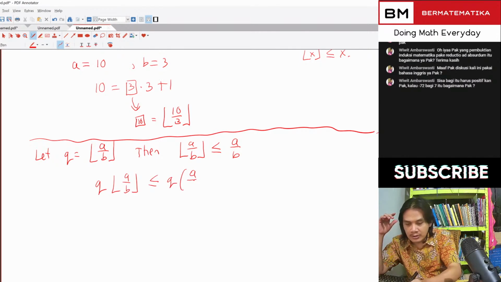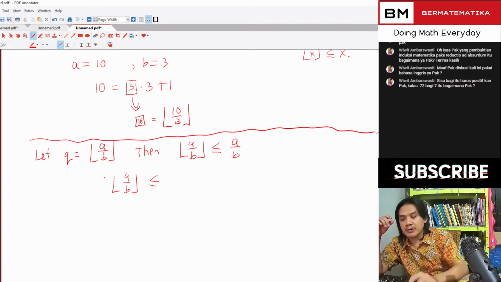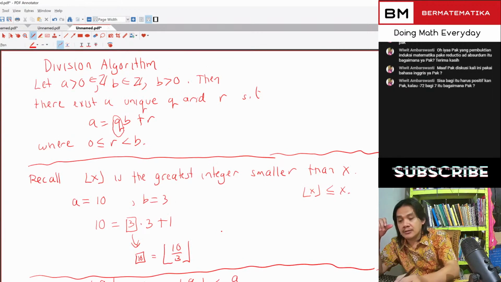Oh no, this is not what I want to do. Actually, it's okay. I'm sorry. Actually I want to multiply with b, but b is positive, so this is okay. a can be any integer, and if I multiply this with b, this is going to be smaller than a over b times b, which is a.